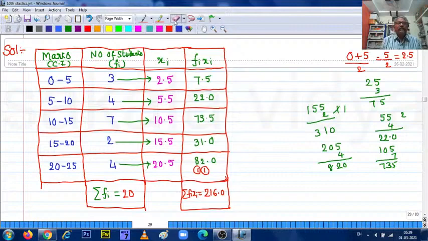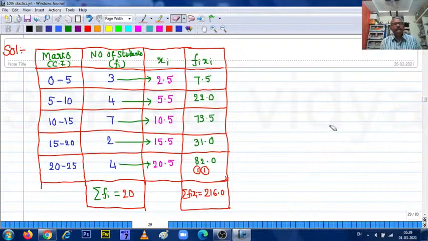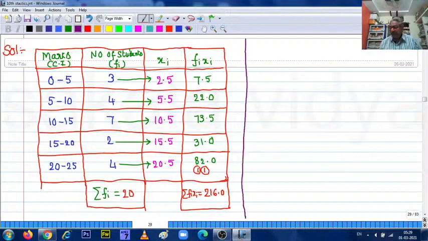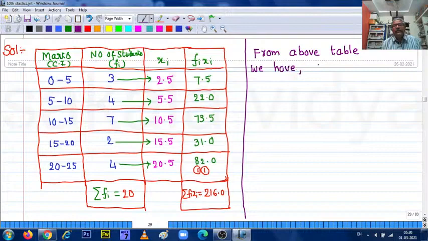Okay. So after preparing the table, write down from the above table: we have sigma Fi Xi equal to 216 and sigma Fi equal to 20.